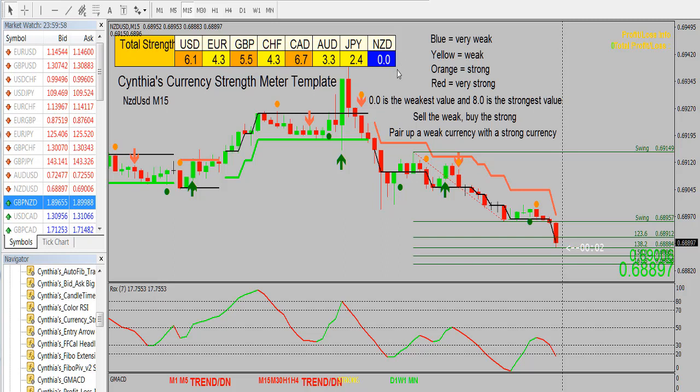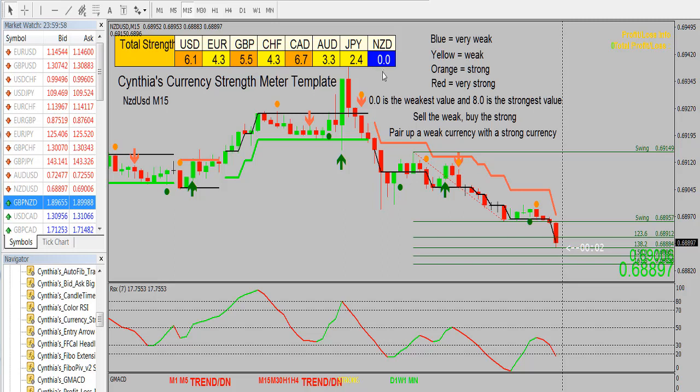Right here we're looking at the New Zealand dollar, and the New Zealand dollar is very weak at blue 0.0, and it's paired with the US dollar. So the US dollar is orange and a value of 6.1, so that's considered strong.